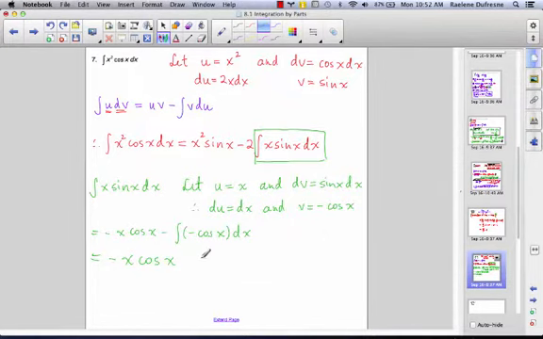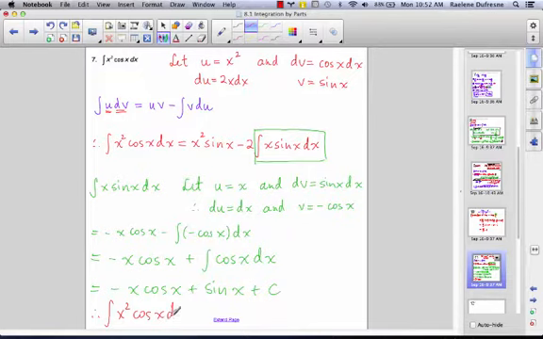So we get negative x cos x plus the integral of cosine x dx, and we can simplify that one more step and get negative x cosine x, and the antiderivative of cosine x is plus sine x, and then plus a constant. So we can take that and back substitute it in for the green box to be multiplied by negative 2. And so therefore the integral of x squared cosine x dx is equal to x squared sine x minus 2 times all of the expression above.